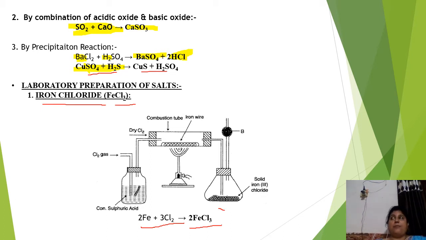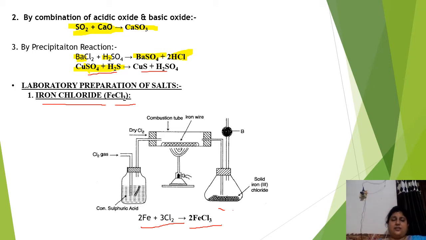It is a type of combination reaction, a direct combination. It results in the formation of iron chloride. This iron chloride is a highly deliquescent substance. Deliquescent substance means a substance which absorbs water from air.